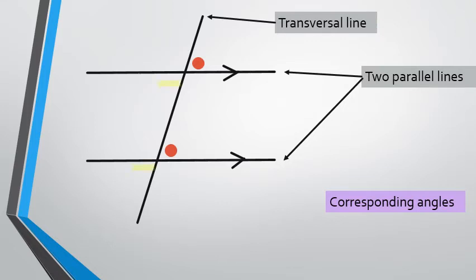Let's see if we can find another pair, and there I have another pair. So we have more than one pair of corresponding angles, and there's another pair, and there I have another pair. So in this one we have four corresponding angles. Again guys, take the sketch as it is and transfer it into your class books.